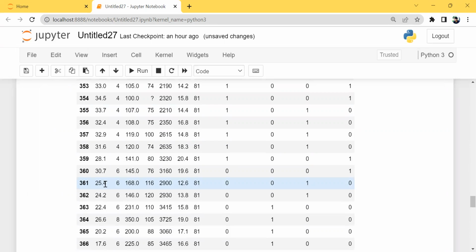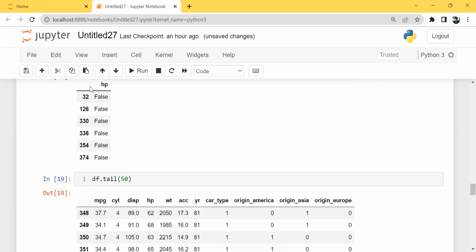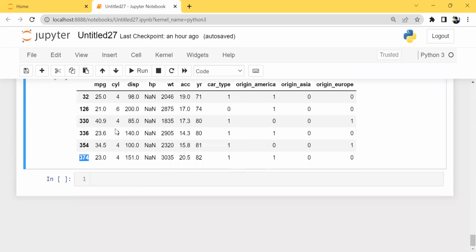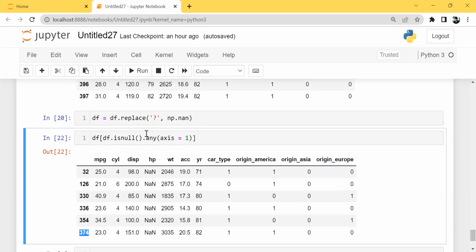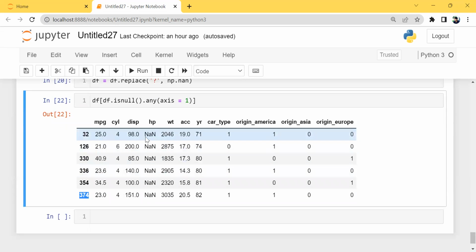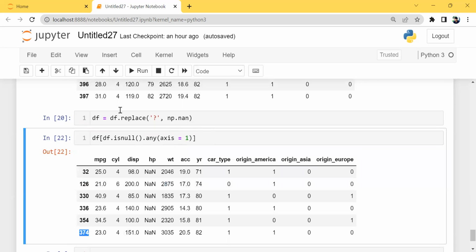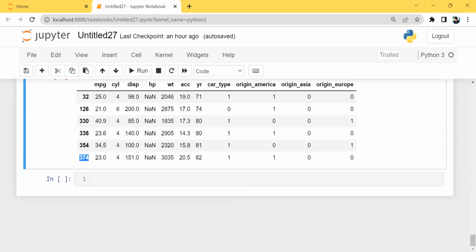When you check here, all these rows are having question marks. But after replacing this question mark with the NaN values, it's clearly visible that there are some NaN values. Why? Because we have already replaced it here, right? So you have successfully replaced the question marks with the null values here.